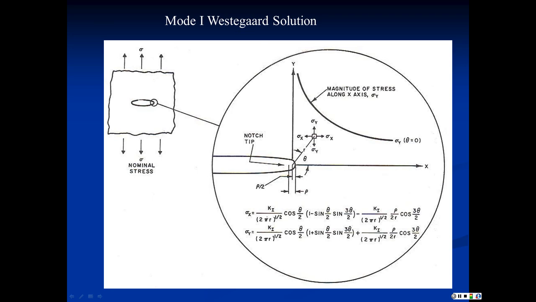So we end up with sigma y is equal to k over the square root of 2 pi r. That is the stress distribution as we get closer and closer, as r gets smaller and smaller. We're going to rise as 1 over the square root of 2 pi r as we approach the tip.